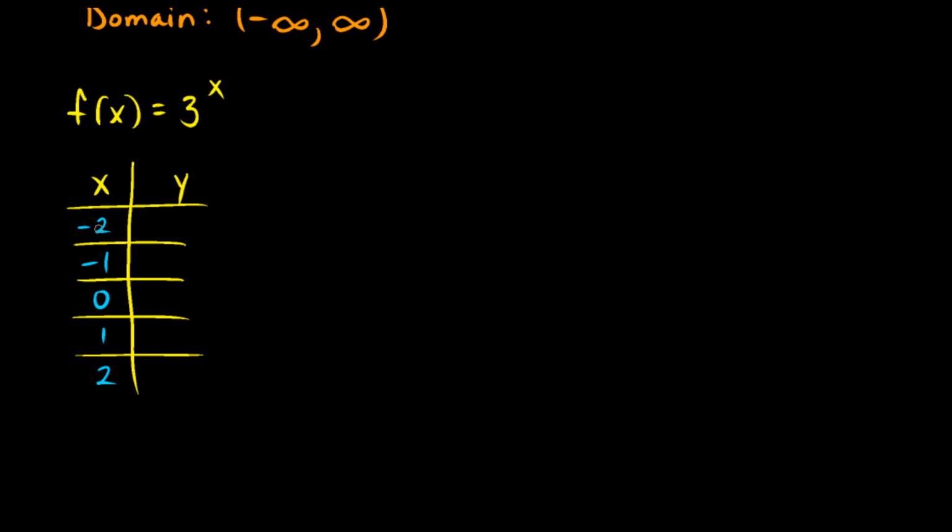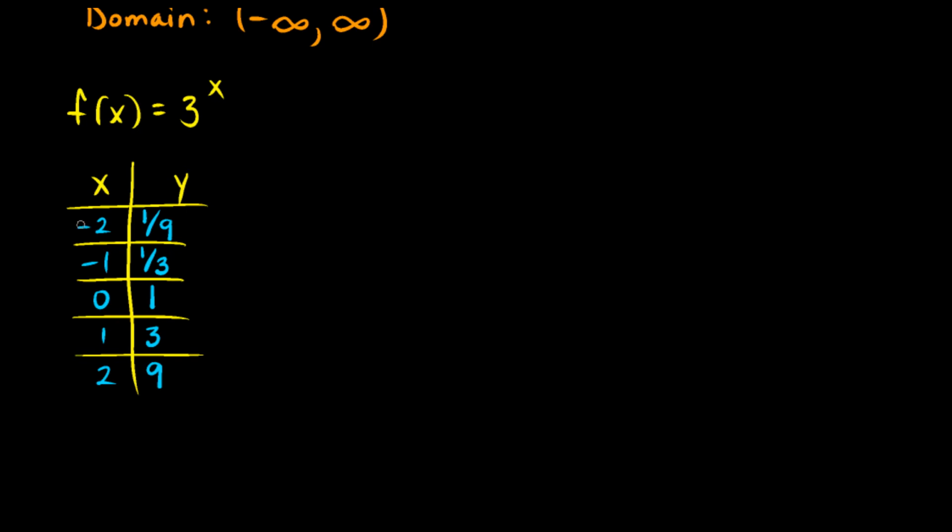If I substitute negative 2 for x, 3 to the negative 2 power is 1/9. 3 to the negative 1 is 1/3. 3 to the 0 is 1. 3 to the 1 is 3. And 3 squared is 9.